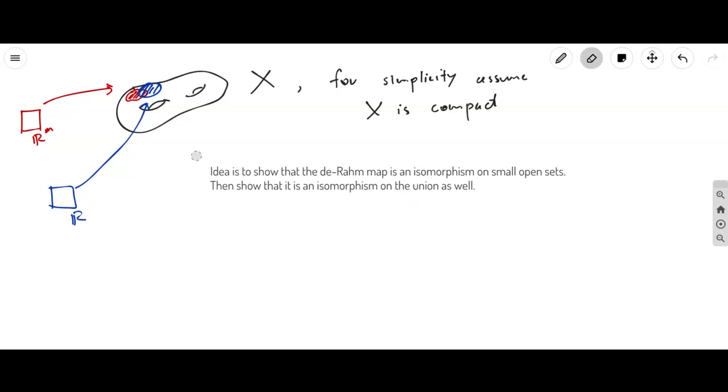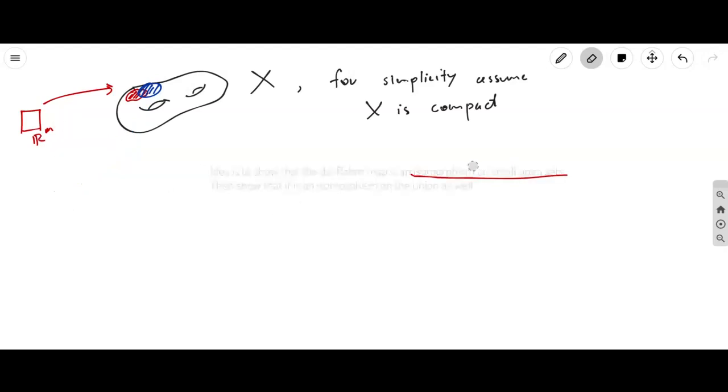That's basically how this works. First, we're going to talk about why the de Rham map is an isomorphism locally, that if you pick a small enough open set on your manifold, you have an isomorphism. Then we'll see what happens when you take those open sets and start taking unions of them. So let's begin with this.